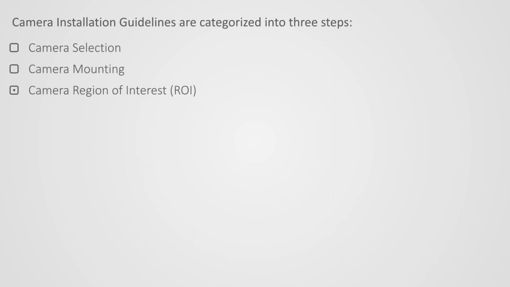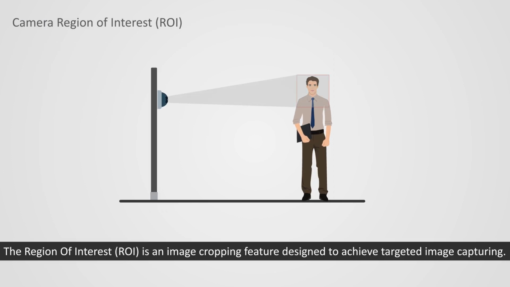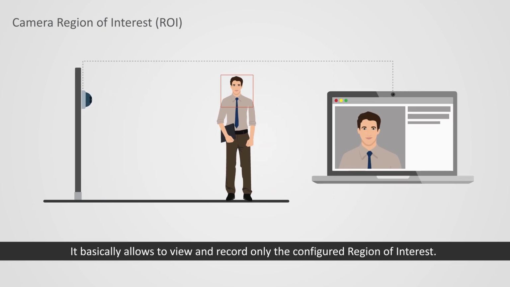Camera region of interest, ROI. The region of interest is an image cropping feature designed to achieve targeted image capturing. It basically allows to view and record only the configured region of interest.